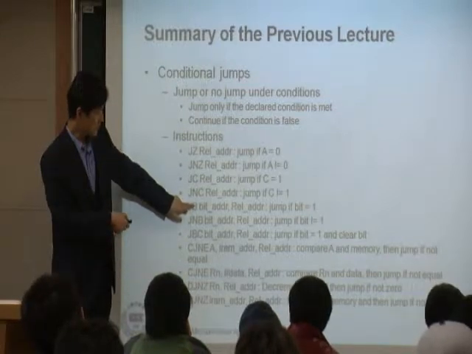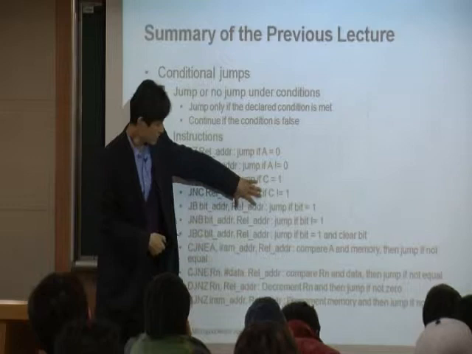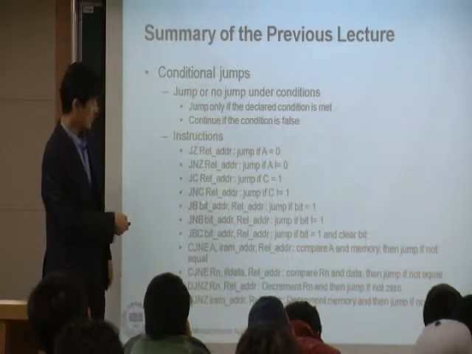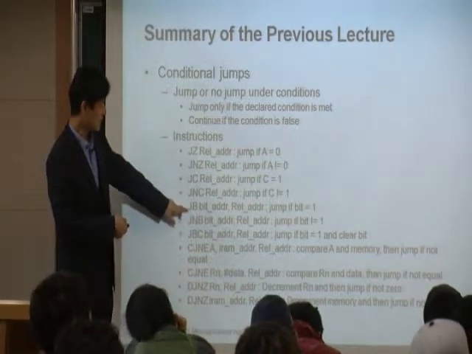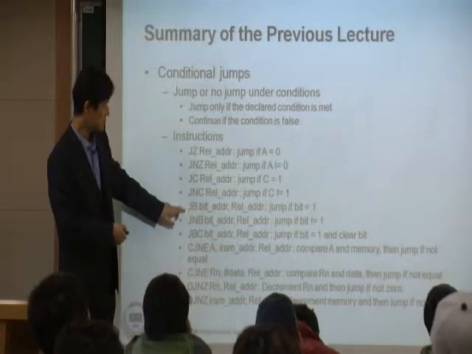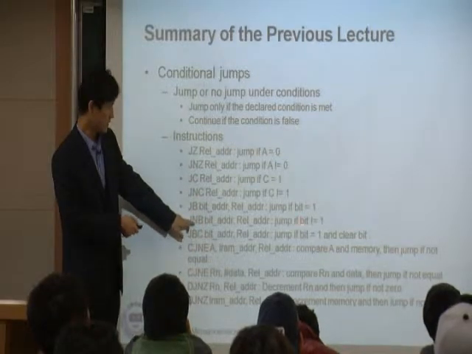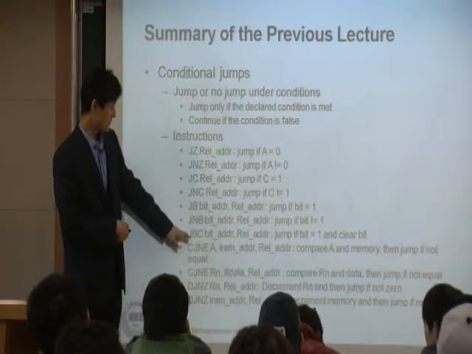JB means you have a bit address as the first operand and a relative address as the second operand. So you have two different operands for this instruction. If this particular bit is 1, then you jump. And JNB, if that bit is not 1, then you jump. Right?